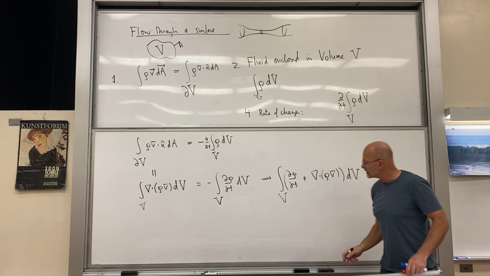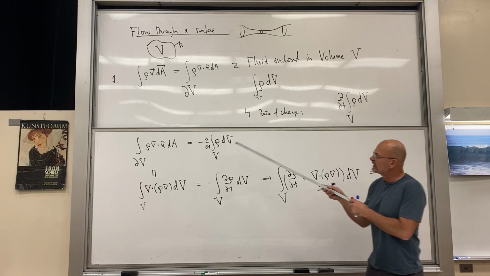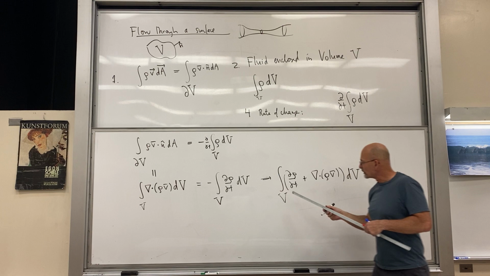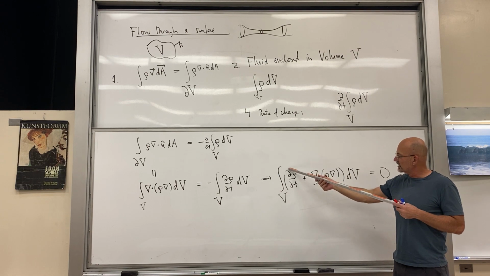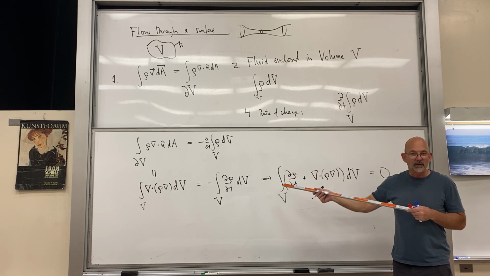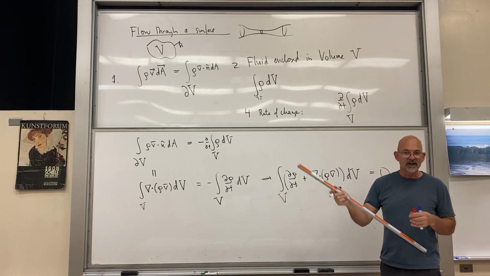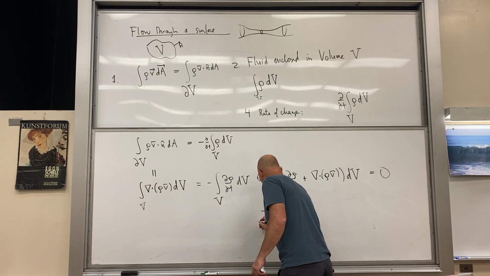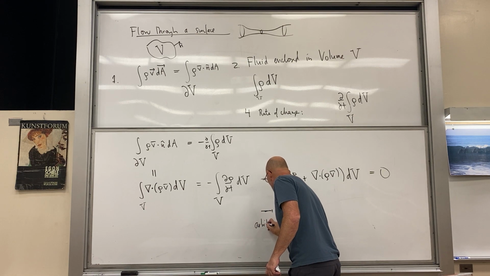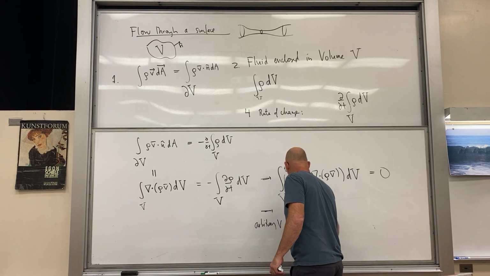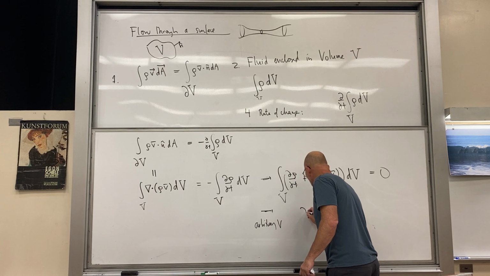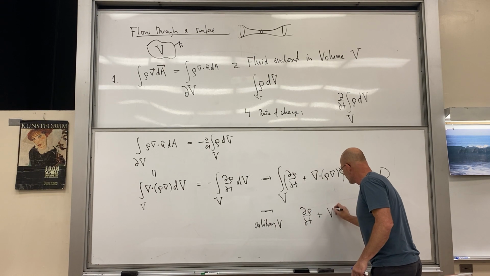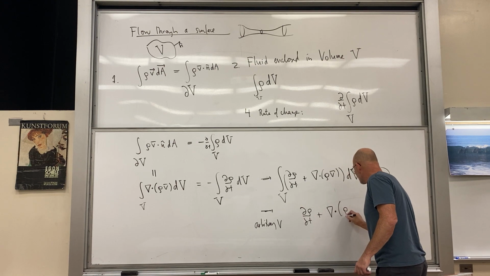Now, this is an arbitrary volume within some fluid flow, and because it's an arbitrary volume, we can claim that the integrand itself vanishes. That was just like in the calculus of variations. And so I'll just write here arbitrary V, and that gives us the continuity equation.